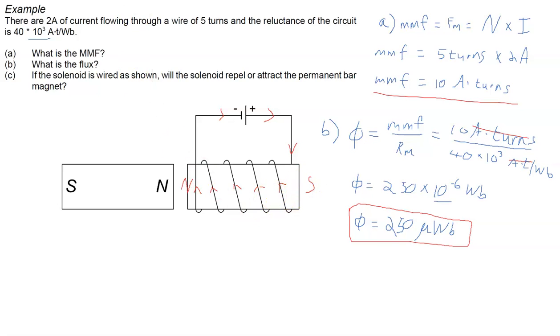And so what happens to the magnet when we have two North Poles together? Okay, so the answer to this question here, will the solenoid repel or attract the permanent bar magnet? The answer is that it will repel.